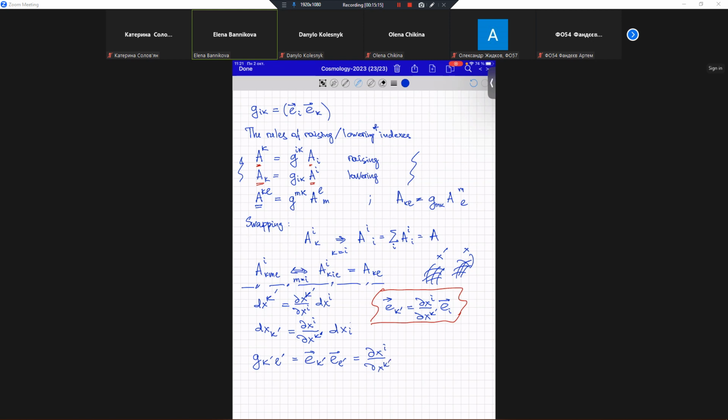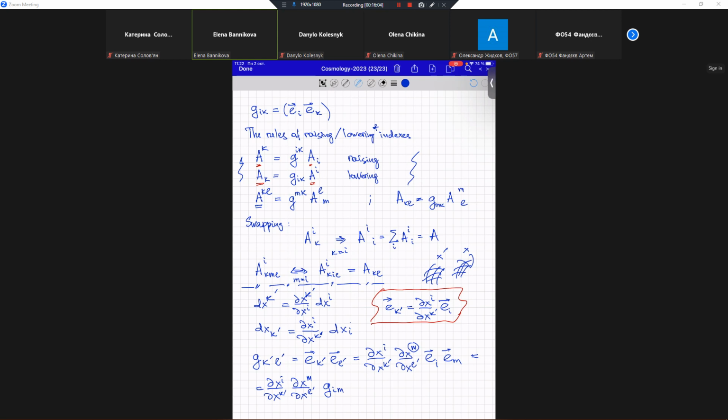Nearby I put the second derivative, the multiplier related to the second basis vector, so ∂x^m over ∂x^l prime, and after this e_i, e_m, since I put m here. Finally I have ∂x^i over ∂x^k prime, ∂x^m over ∂x^l prime, g_im.